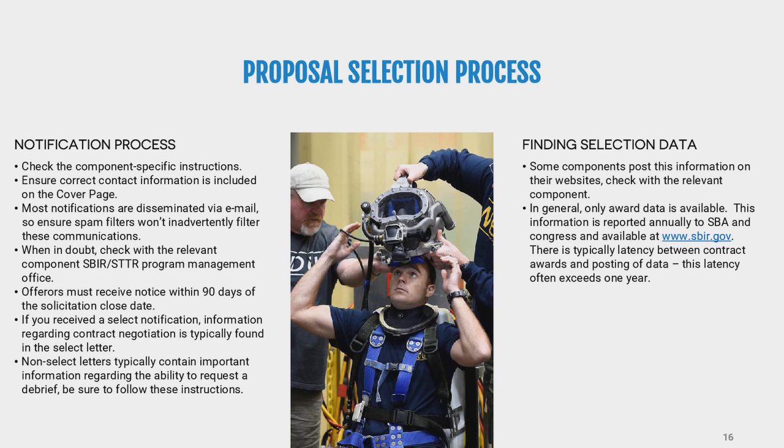Award data is posted at sbir.gov/awards. The only thing I'll say about that is there is at least a 2-year latency from the time it's actually awarded by DoD to when it shows up in that database. It's something that the government is working to correct, but at this time, predominantly, all you can find is award data. Next slide.